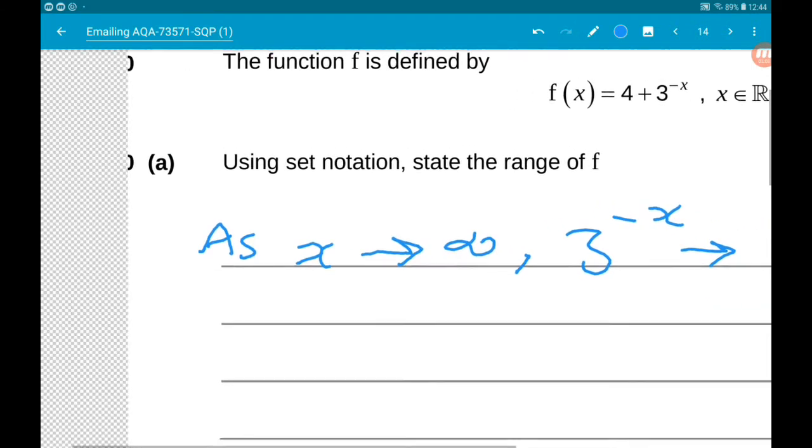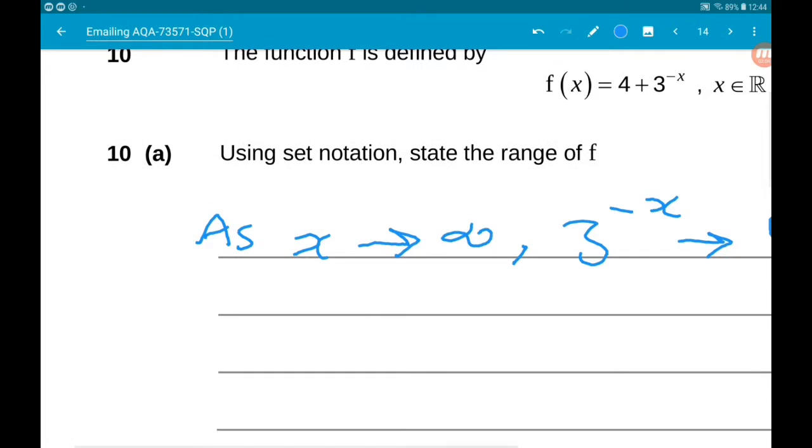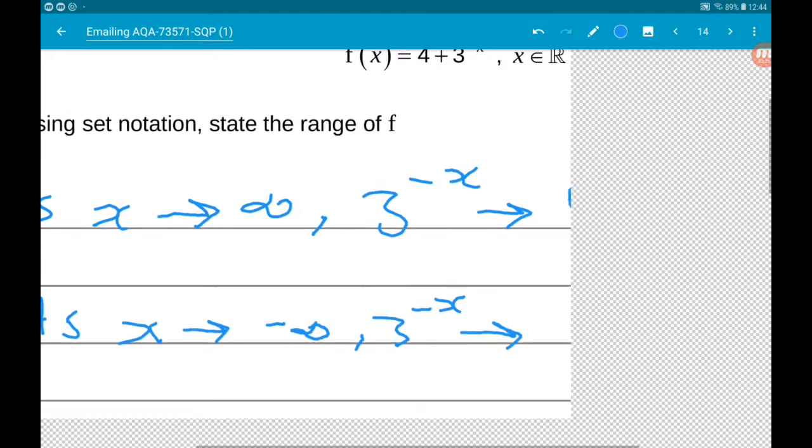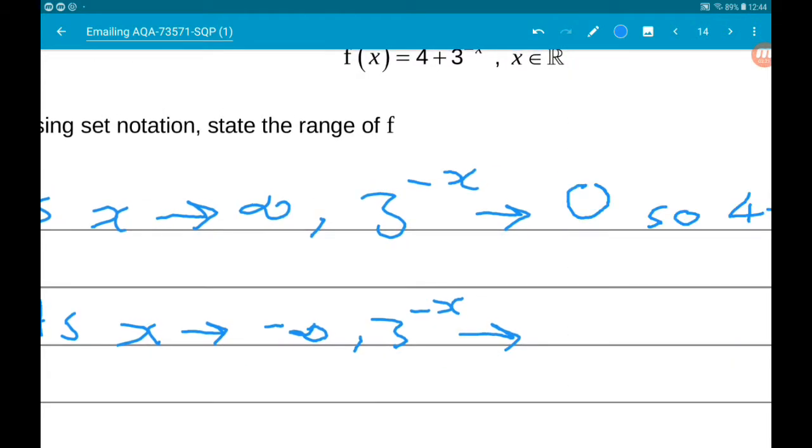Now let's see what happens as x goes the other way. As x tends to minus infinity, 3 to the minus x, well, if x is negative, minus x will be positive.